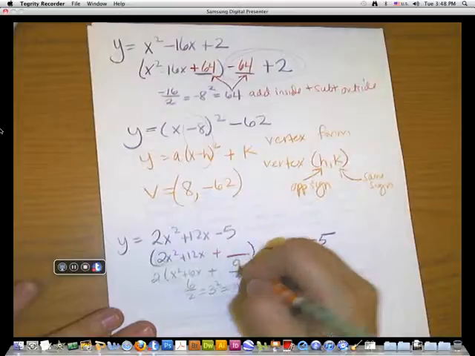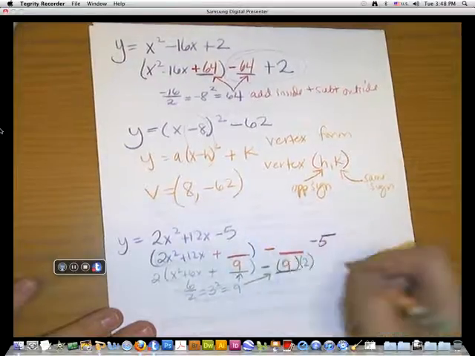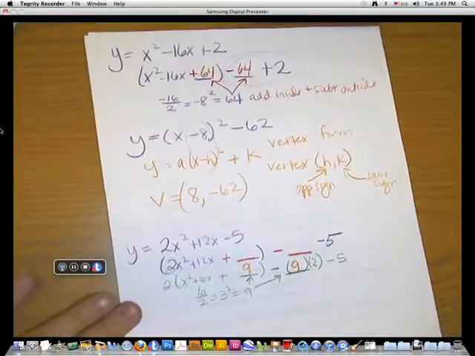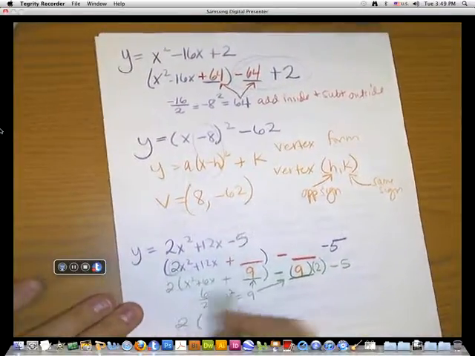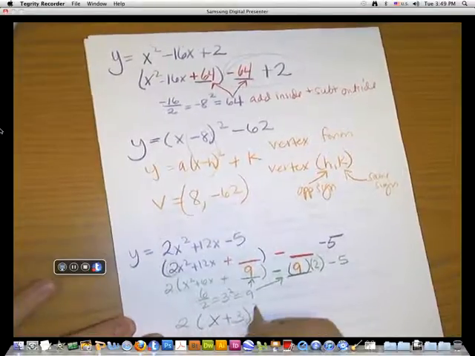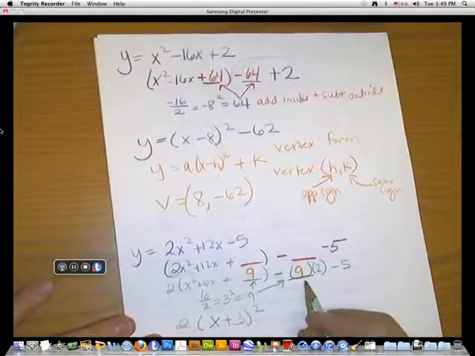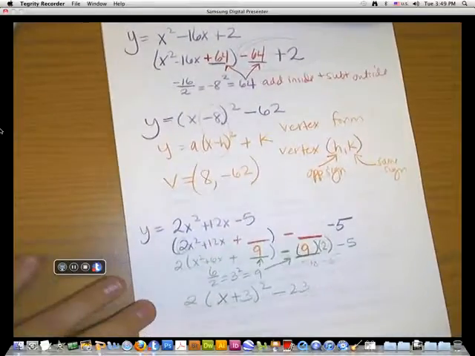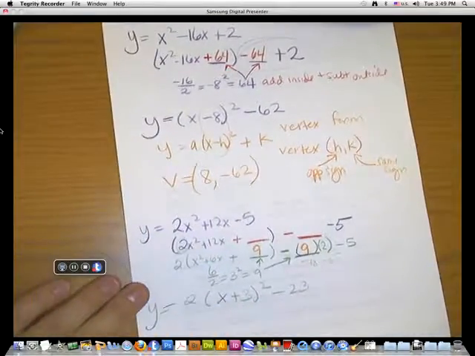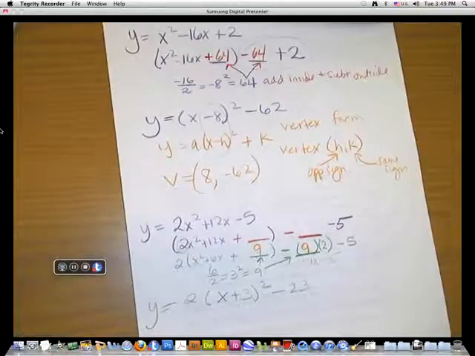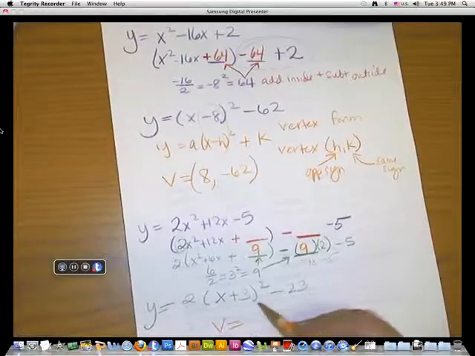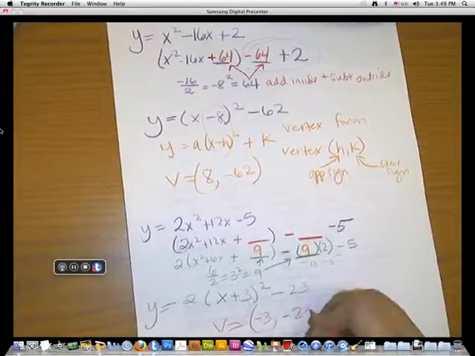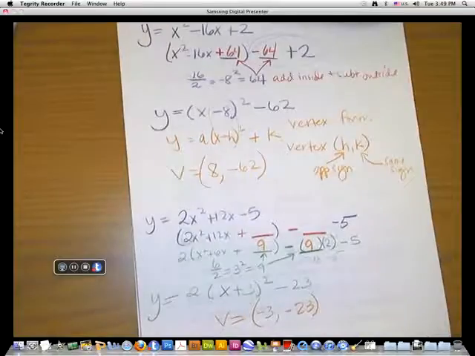So this one gets a 9. And then we still have this minus 5 out there. Here we have 2, and this becomes a perfect square. This is minus 18 minus 5, so that's minus 23. So now what is the vertex? The vertex is the opposite, so negative 3, and the same, negative 23.